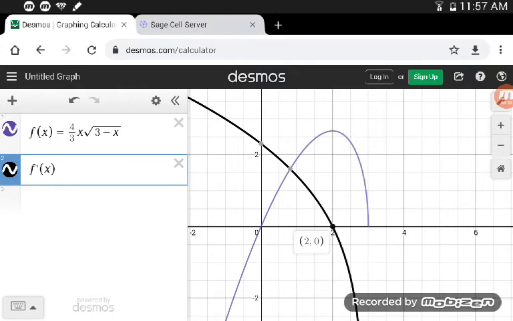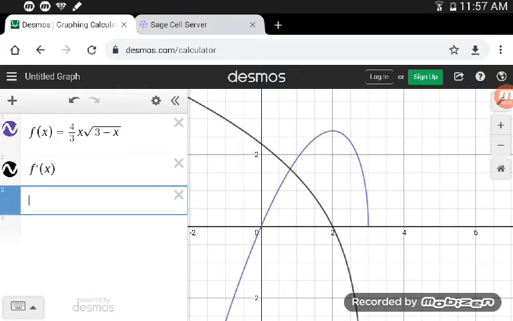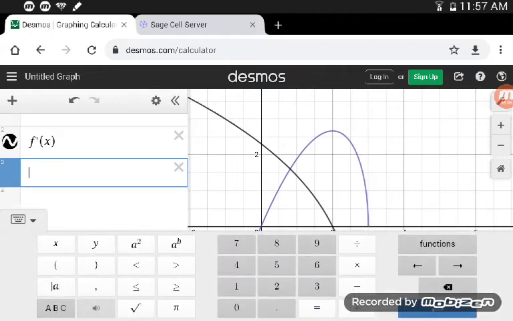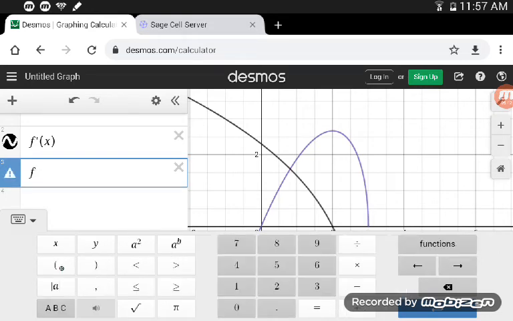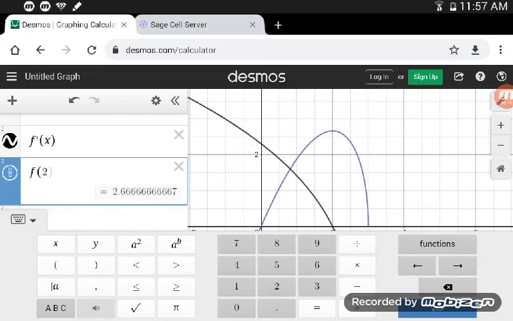And this is where technology is just getting quite fantastic. Let's go here and say f of 2. There we go. Okay. Now that says 2.66, like that.